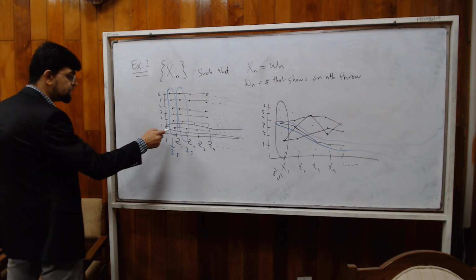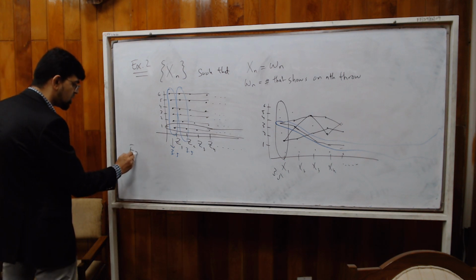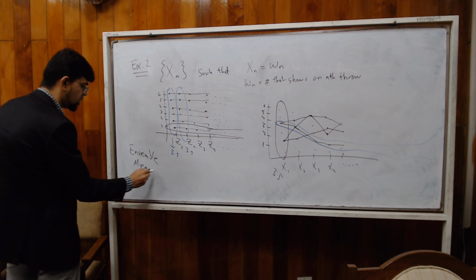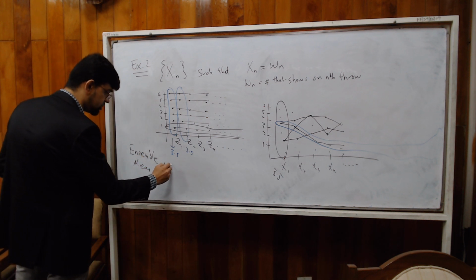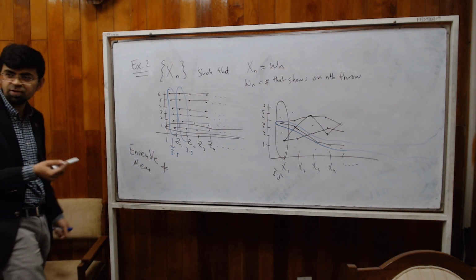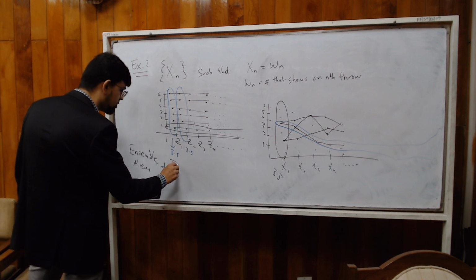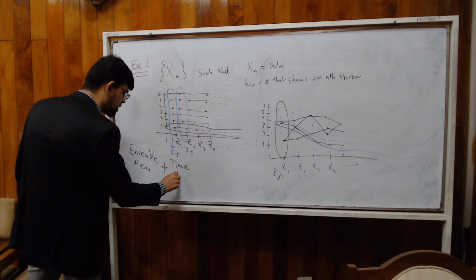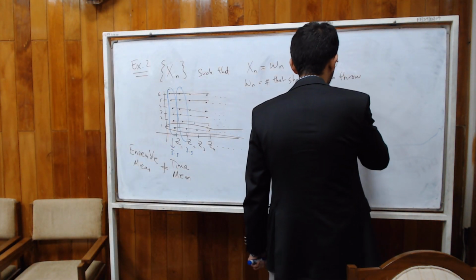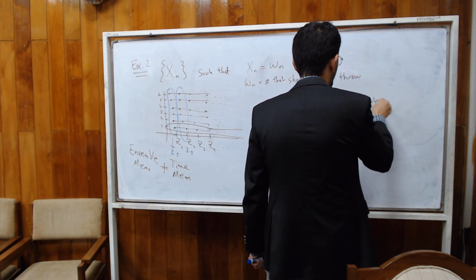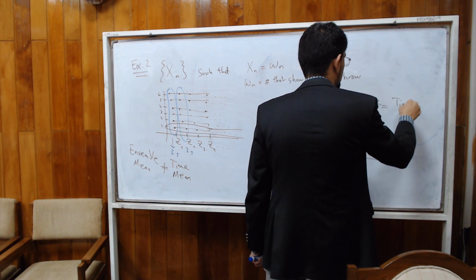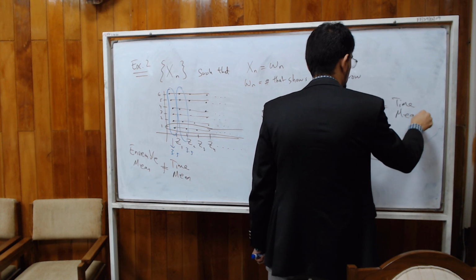So firstly, in the first case we saw that the ensemble mean was not the same as the time mean. We didn't calculate it exactly, but with common sense we could see that it won't be the same. Whereas in this example, it seems that the two might be the same, so ensemble mean is the same as time mean.